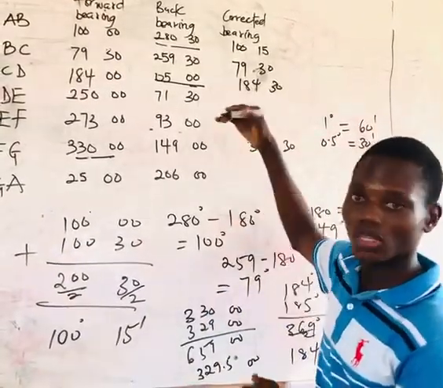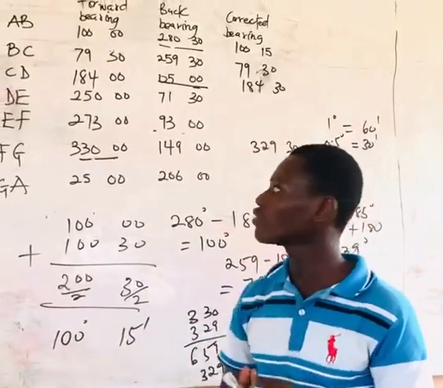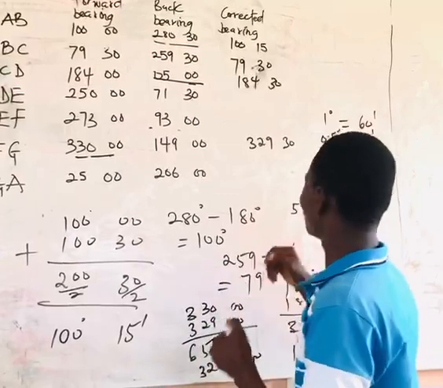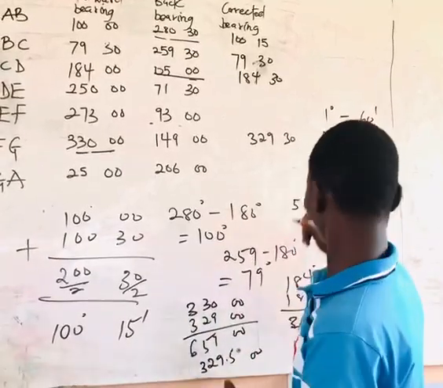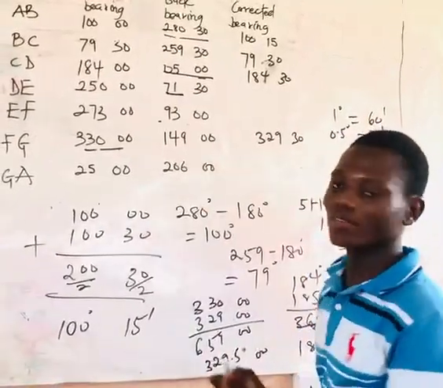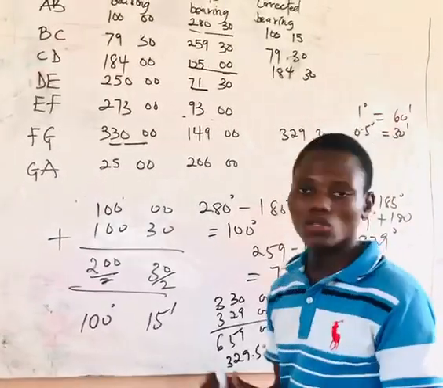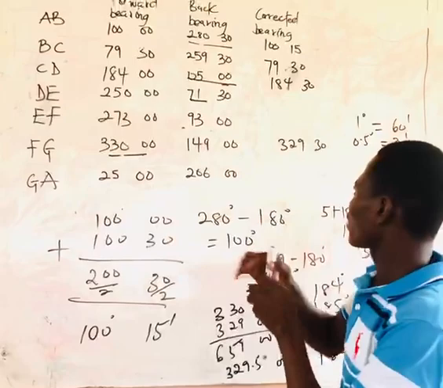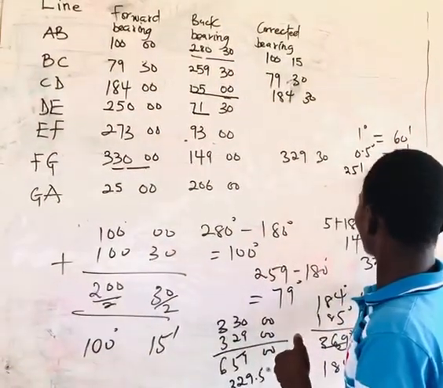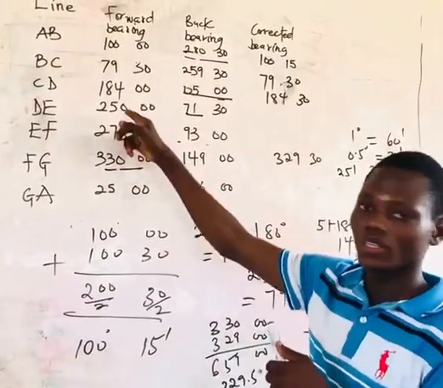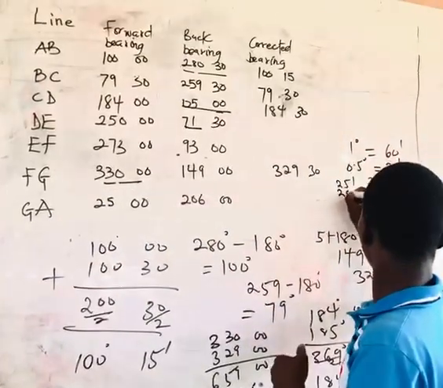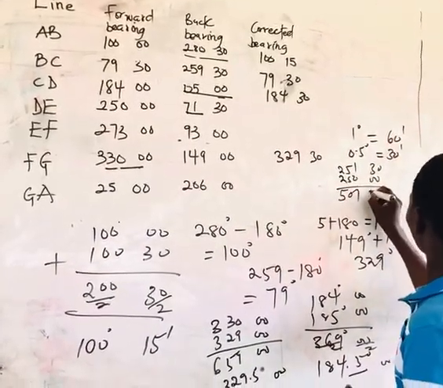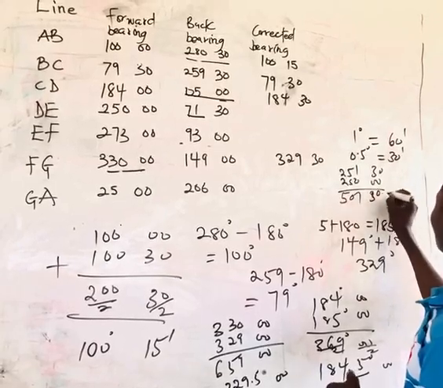Let me do the last one so that you get the explanation very well. This one is a bit confusing. The backward bearing is 71 degrees 30 minutes. To find the forward bearing, you add 180 to 71 degrees, so you end up getting 251 degrees 30 minutes. And this one is 250 degrees 0 minutes. So you end up getting 501 degrees 30 minutes.